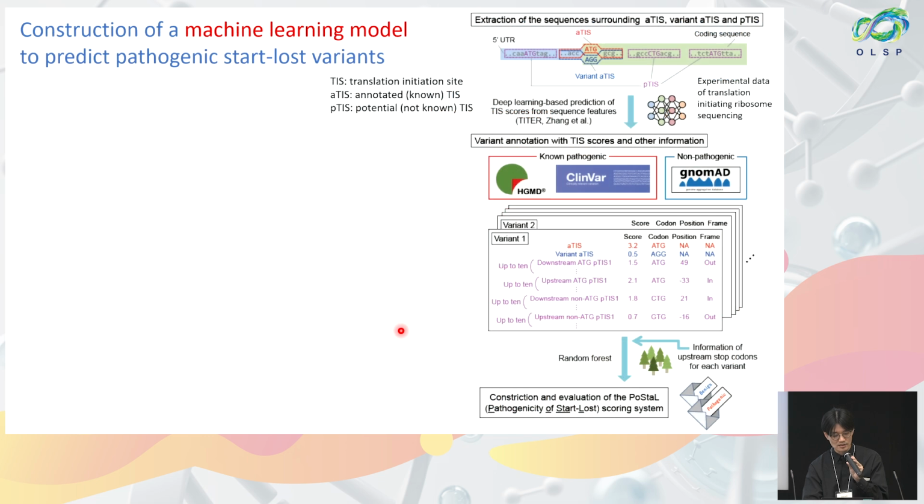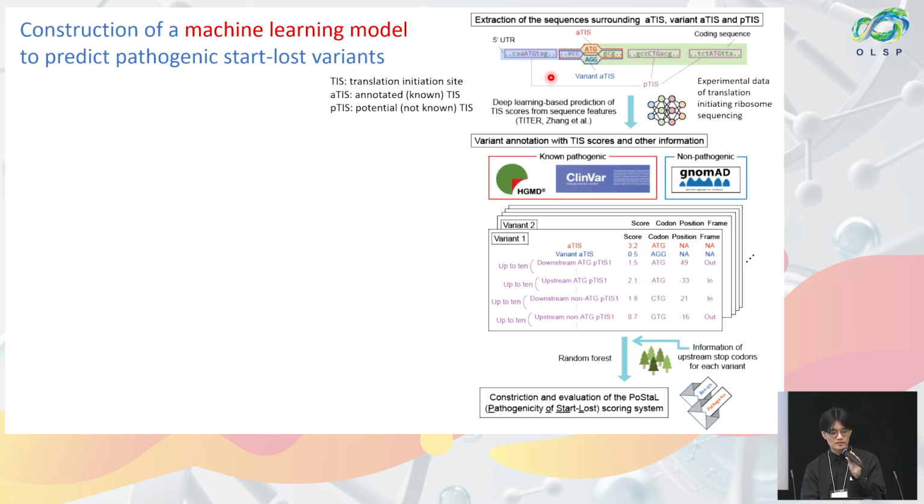So next, we asked machine for help. And in practice, we first extracted all potential start site ATG and near ATG sequences and scored the strengths of these ATG-like sequences as a start site by using a deep learning model trained on experimental data of translation initiating ribosomal sequencing.